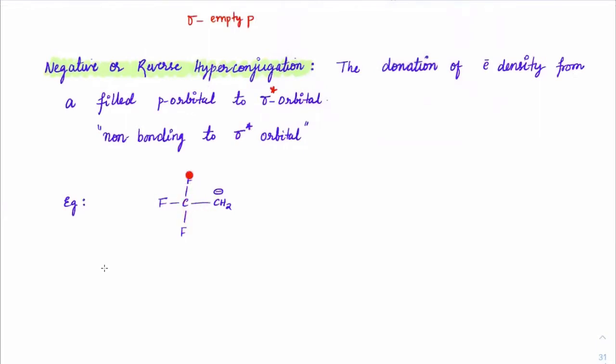Because fluorines are strongly withdrawing groups, they will withdraw electrons from carbon. So carbon becomes electron deficient and requires electrons, which CH2 minus can donate. And this fluorine will take away the electrons from the sigma bond and come out as F minus. So you will see F, C, F here with a double bond to CH2, and F minus forming like this.